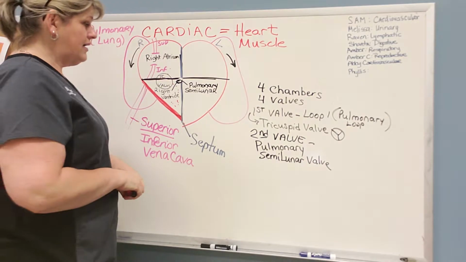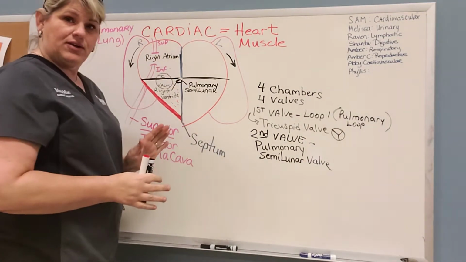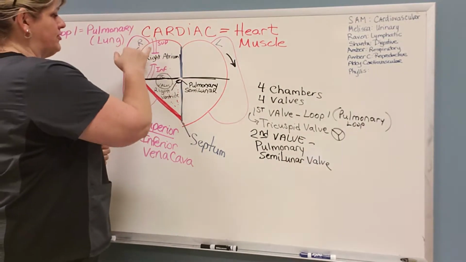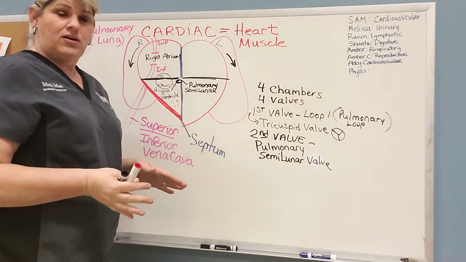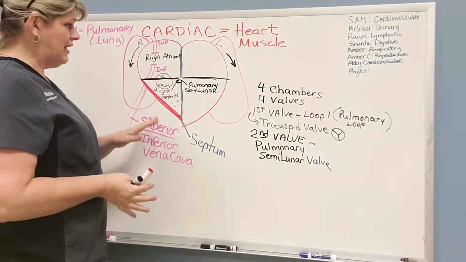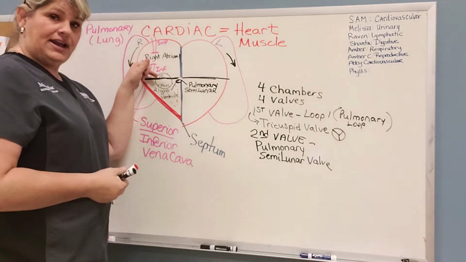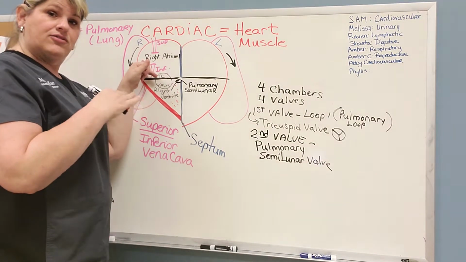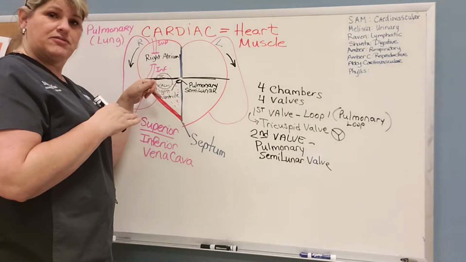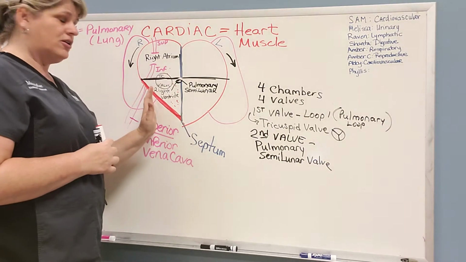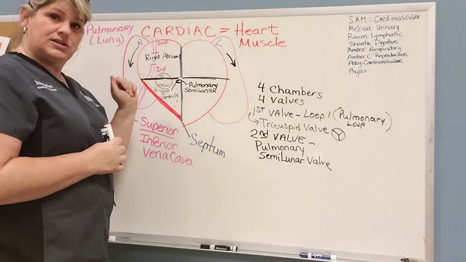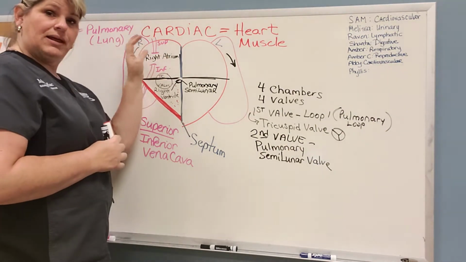That's where it stops. This is the whole pulmonary loop. It goes from the superior and inferior vena cava. It has no oxygen or hardly any oxygen left. It fills up your right atrium. When it's full, the tricuspid valve opens, allowing that blood to flow into the right ventricle. The tricuspid closes, letting the atrium fill up again.